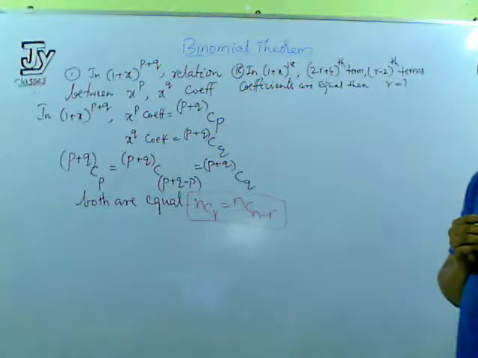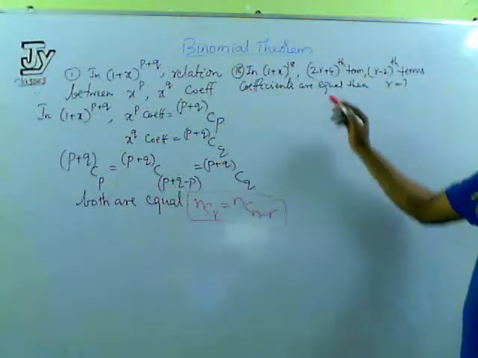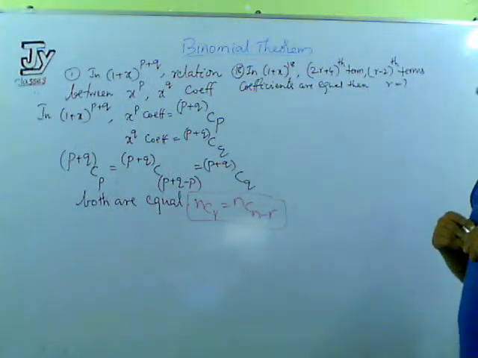In that expansion of (1 plus x) whole power 18, the (2r plus 4)th term and the (r minus 2)th term.